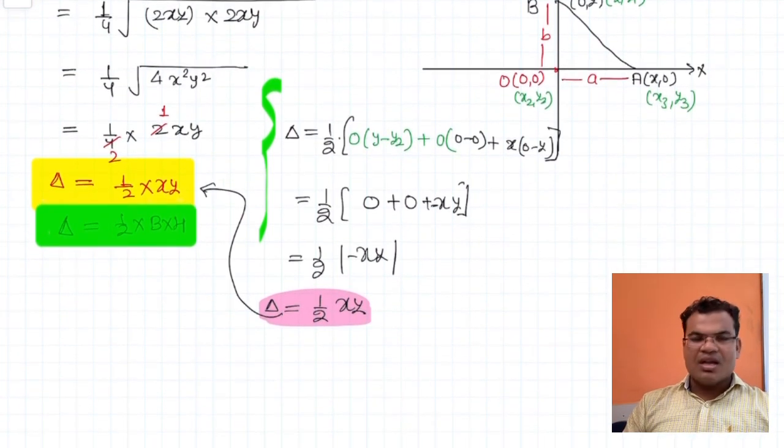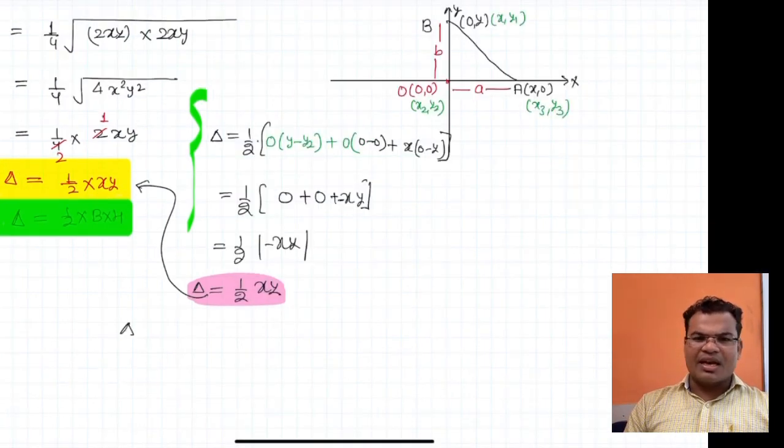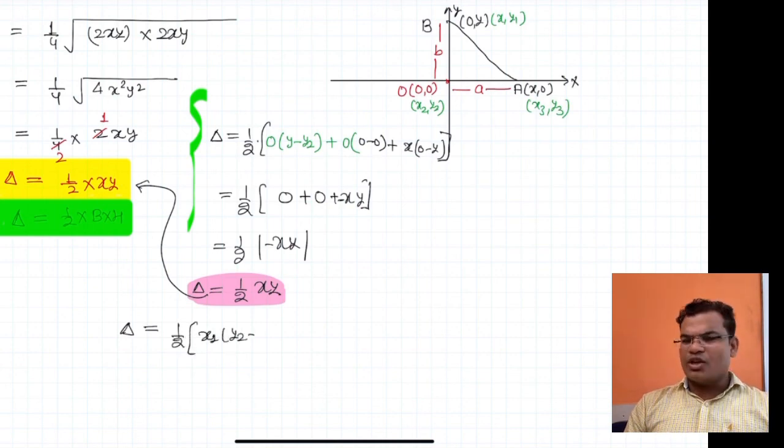that is also correct. I hope this is clear to you guys, because this formula, once again let me write it down. This is proof of the 1 by 2 x1 y2 minus y3, and you will write the other 2, 1 2 3 and 3 and x2 y3 minus y1.